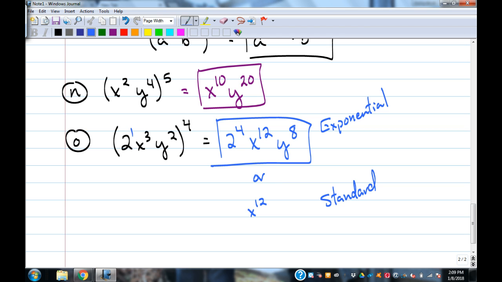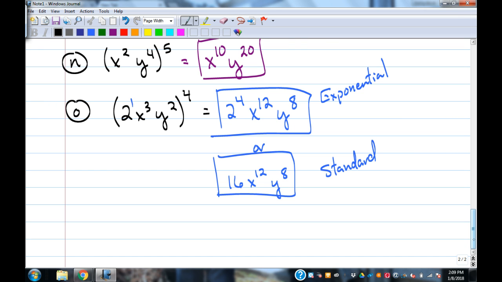Times 2 is 8. Times another 2 is 16. That would be if I ask you to write it in standard form. They're equivalent. This is exponential. This is standard. But know that they're the same answer, depending on what form I ask for. Okay.